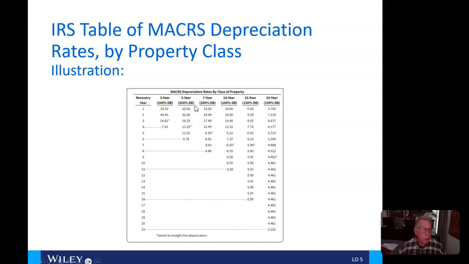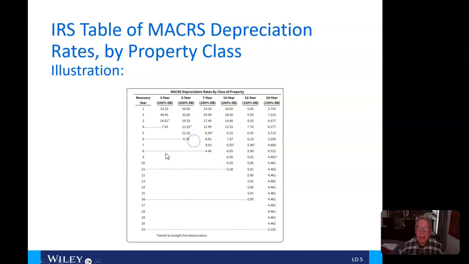5 years we know for straight line is 20%. So double declining is going to be 40%. You'll notice here that that's 20%. MACRS uses a half-year convention. So here, that's going to be 20%, not 40%. But then you have a 6th year here.